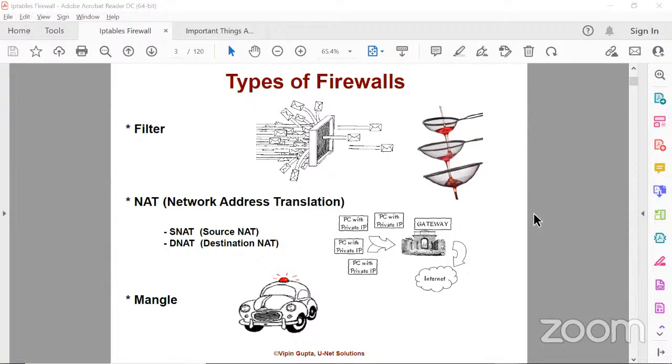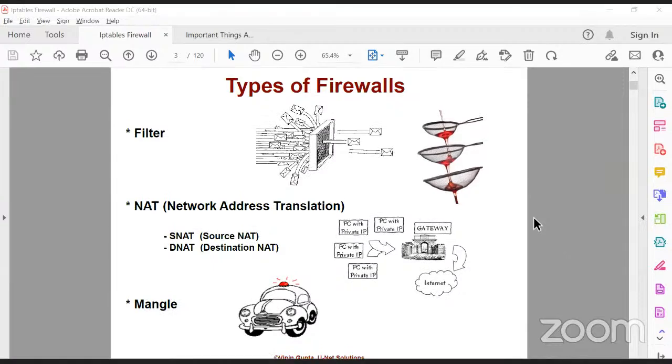Now I think it is connected. Now you can start, sir. Now you are audible. Now it is visible, ma'am. Yes, it is visible. Okay, sorry for that. It has never happened before. No problem.